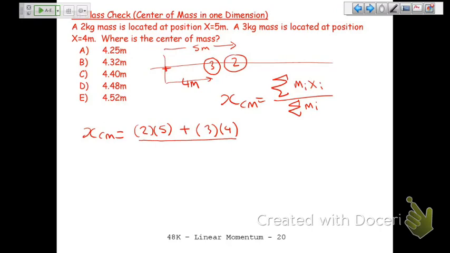And then the bottom line says, add all the masses together. Well, we had a 2 and we added it to a 3. So that's going to be 10 plus 12 over 5, which equals 22 over 5. So x centre of mass is equal to 4.4 meters.